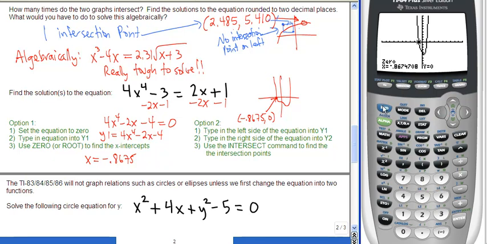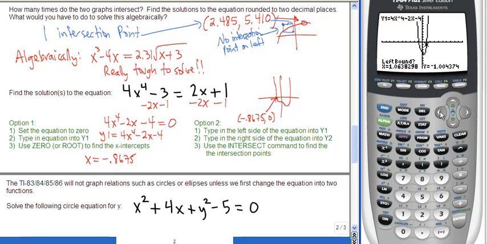So we go back and do second trace, and we're going to find the other 0, so press number 2. This time I'm going to arrow to the right, and the actual 0 is, whoops, I went too far, about there.